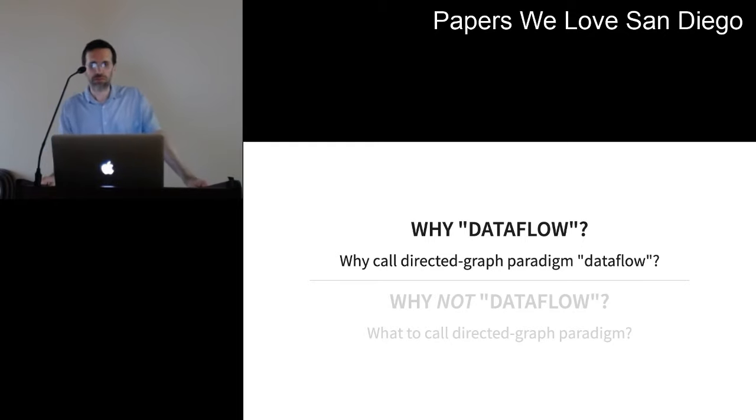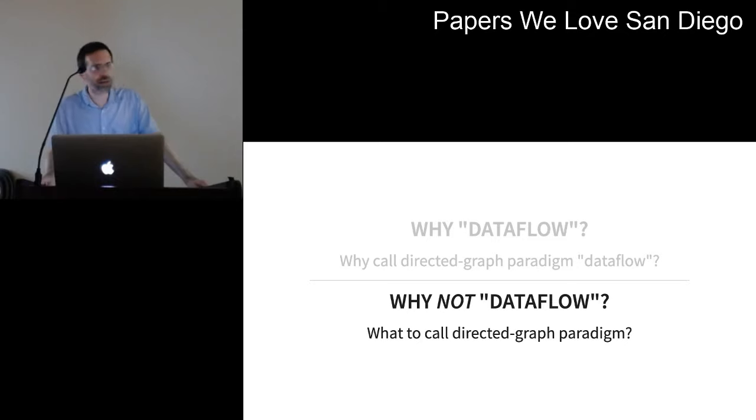So this programming paradigm, where we represent programs as directed graphs, why call that Dataflow? As we talked about before we got started today, data's flowing everywhere in every program. But perhaps, let me flip that on its head and say, why not Dataflow?